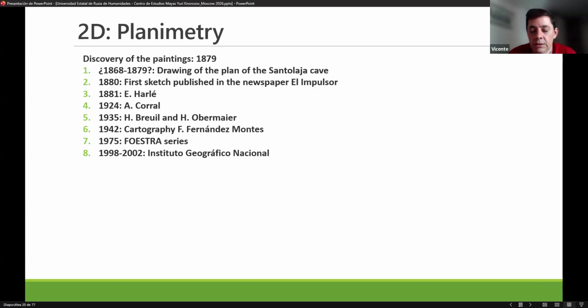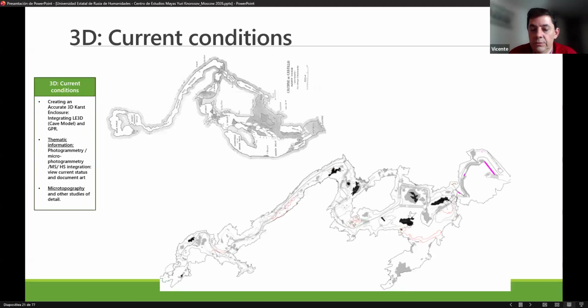So you have to take advantage of all this information because it's useful, because someone somewhere has represented what happened in several places. So to take advantage of all this information, it's very important to know how the cave was at that moment. Here you have the first plan of El Castillo cave and the current plan.